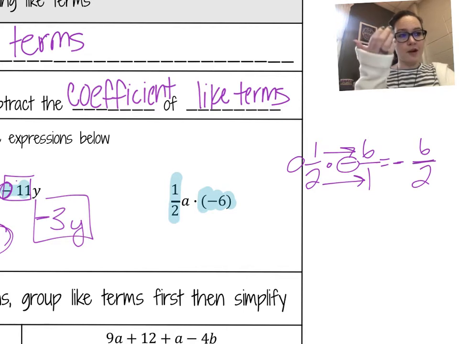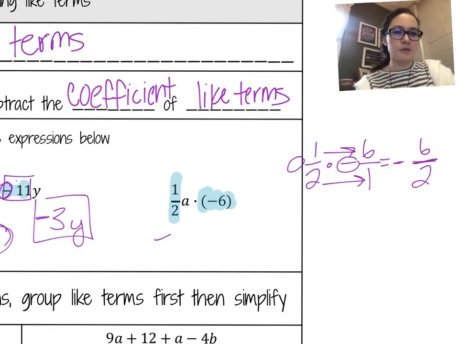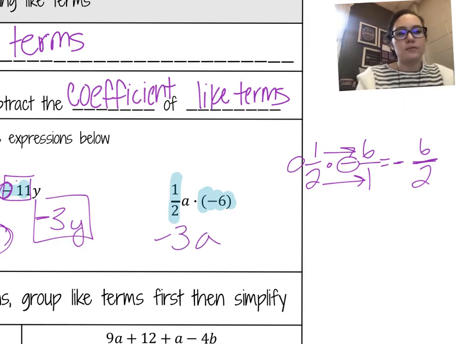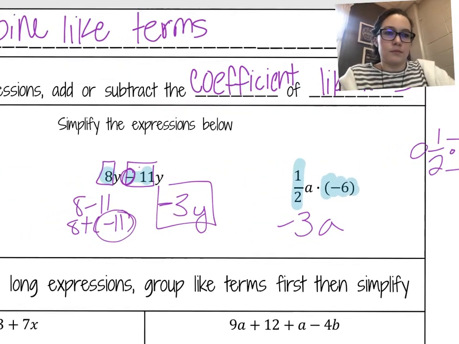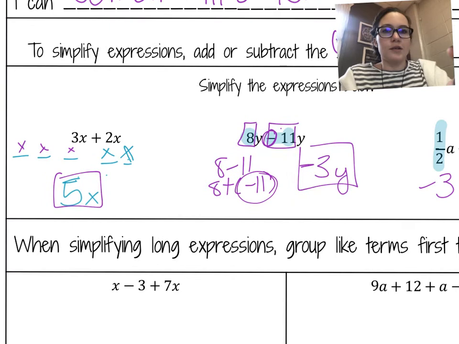And remember that the fraction bars mean divide. So negative 6 divided by 2 is negative 3a. So all we did was we took the coefficients, the number in front of the variable, and added them together. Okay?